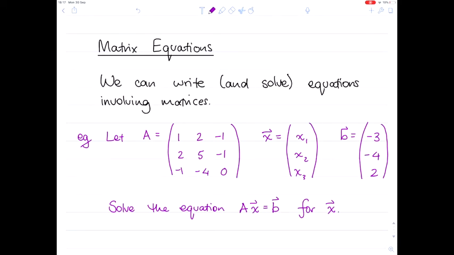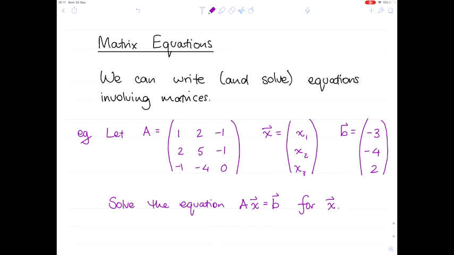So I want to talk a little bit about matrix equations, because this really pulls together everything that we've learnt about matrices and vectors, and now we're including solving equations. We can write and solve equations involving matrices.